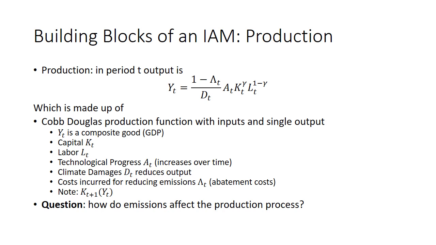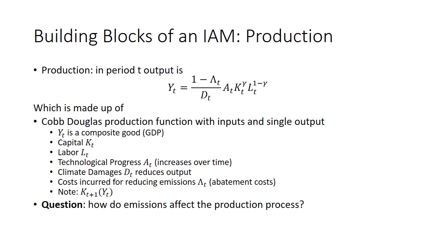Abatement costs: an increase in abatement causes output to go down. Again, this might not be the right way to model this, but that's how it's done right now. At the same time, increasing abatement decreases damages, so there's an implied trade-off between more damages and fewer damages and more abatement.